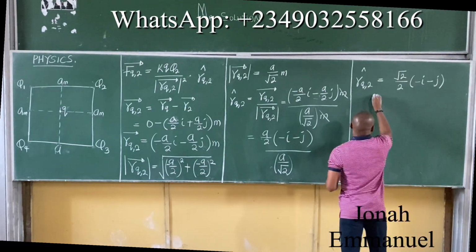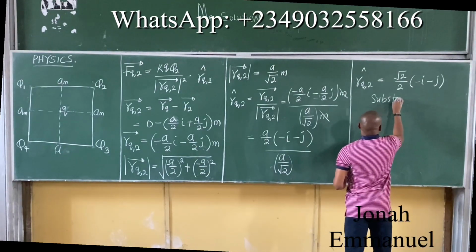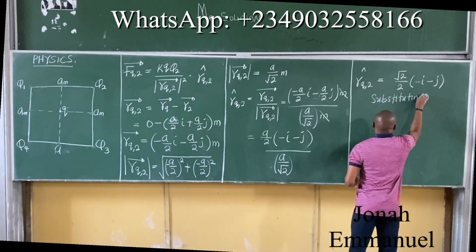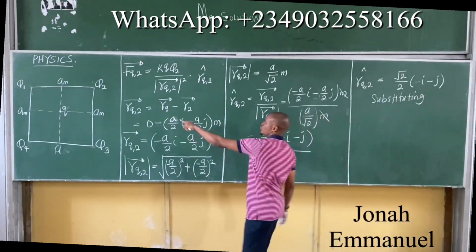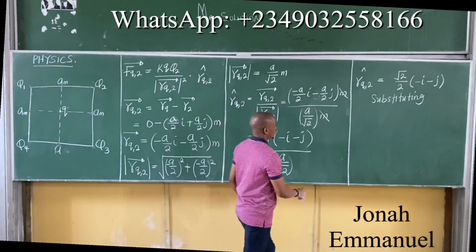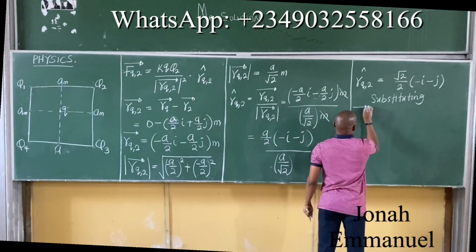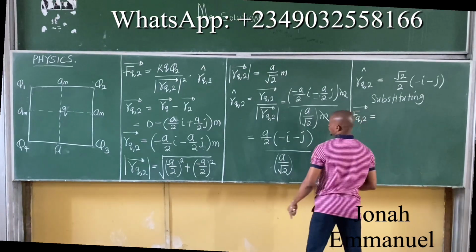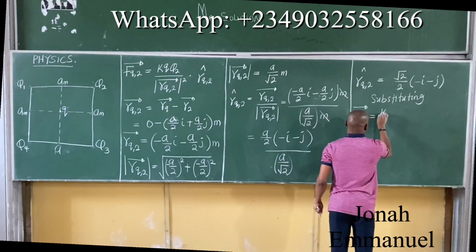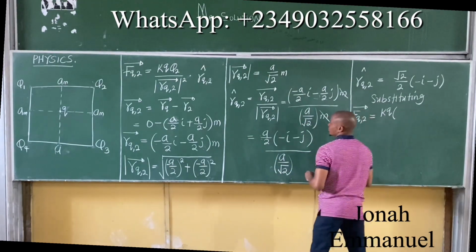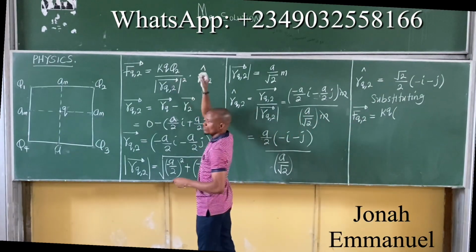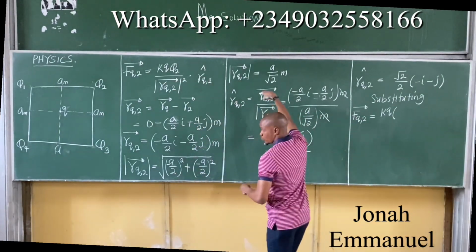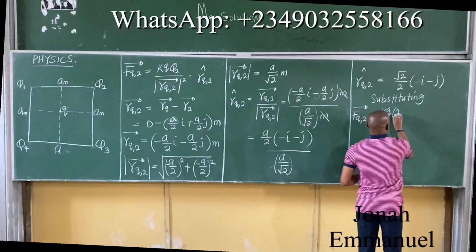So substituting, what do I get? I'll get that Q2 is equal to K, that's K, Q. Please check from the question, what's Q2? 2Q. Alright, so we got 2Q.